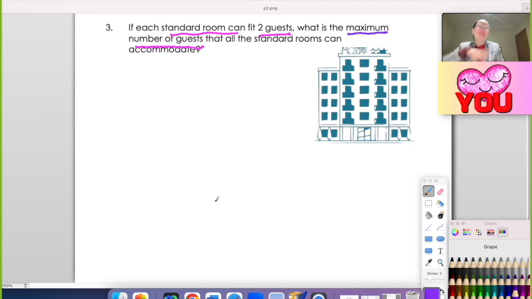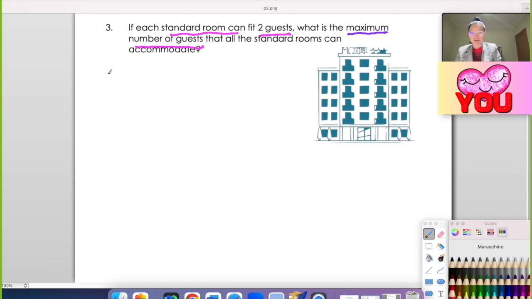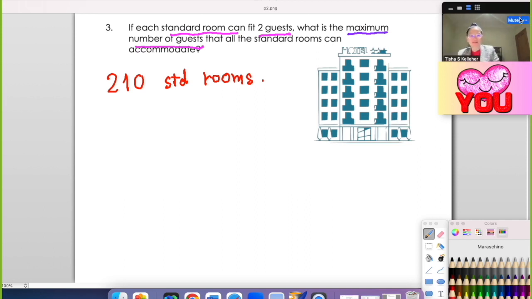My question is, we calculated already in question number 1. How many rooms come together? 210. 210 standard rooms. Do you remember from question number 1? 210 standard rooms come together and each room fits 2 guests.